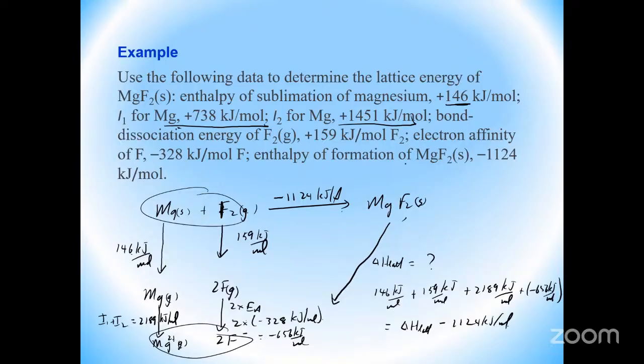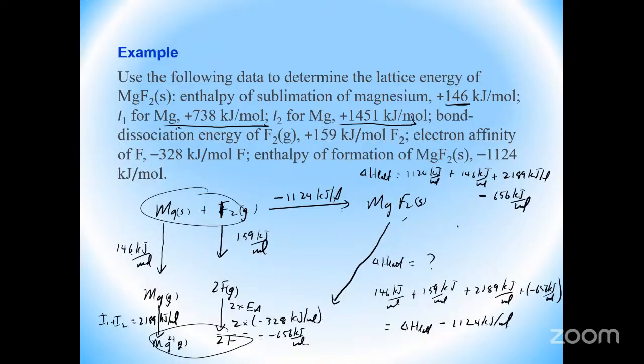So basically, I'm going to continue up here. The delta H lat will be equal to 1124 kilojoules per mole plus 146 kilojoules per mole plus 2189 kilojoules per mole minus 656 kilojoules per mole.